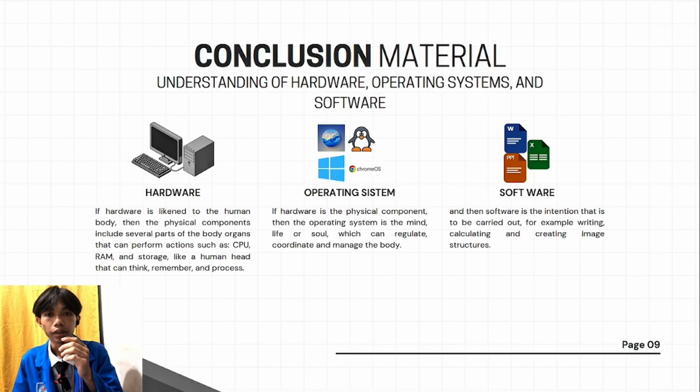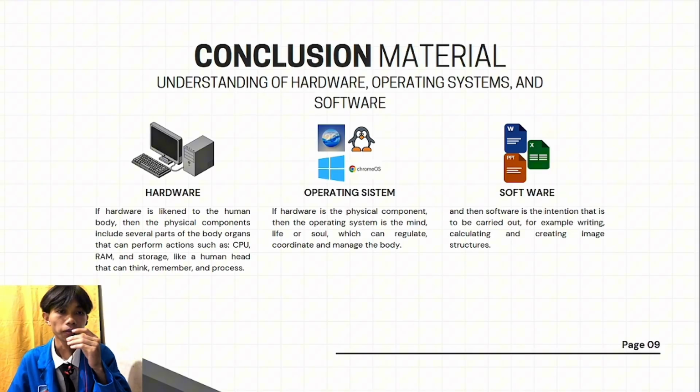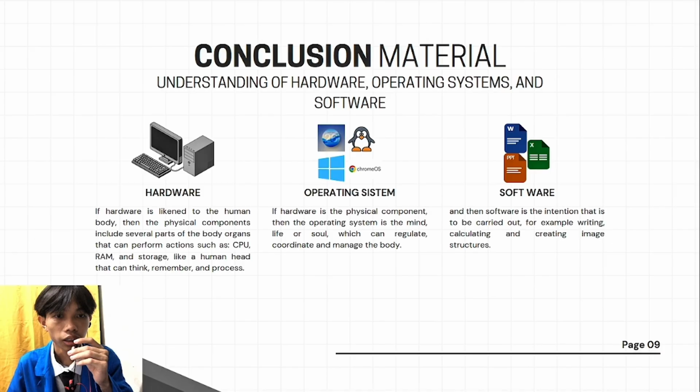Operating system. If hardware is the physical component, then the operating system is the mind, life, or soul, which can regulate, coordinate, and manage the body. And then we move to software. Software is the intention that is to be carried out, for example, reading, calculating, and creating images.